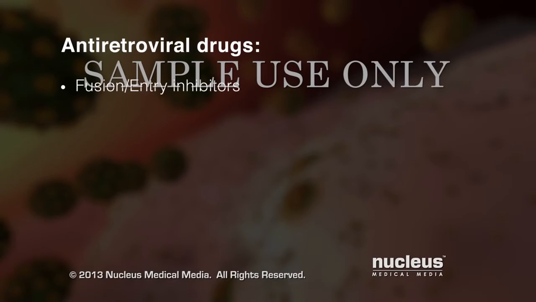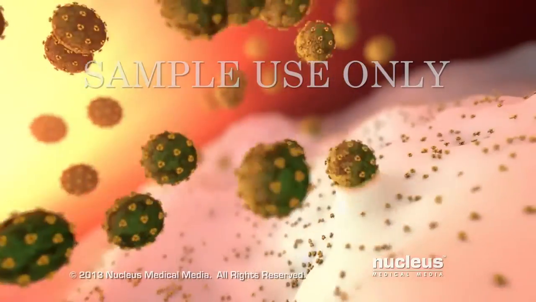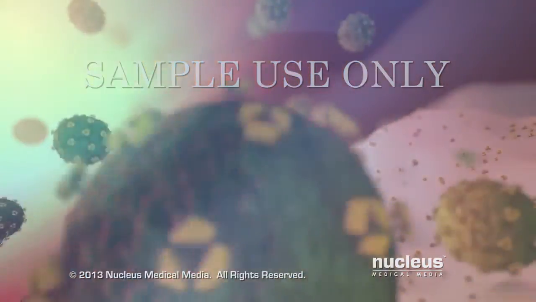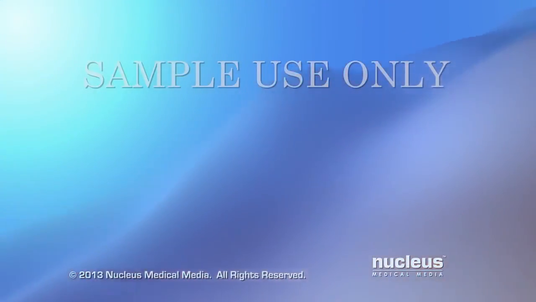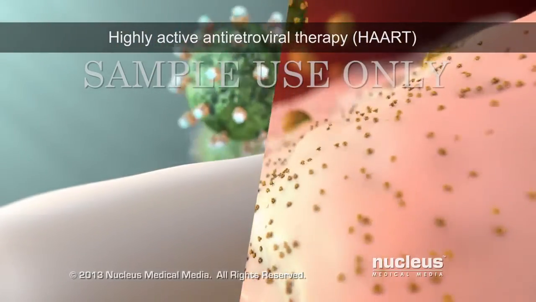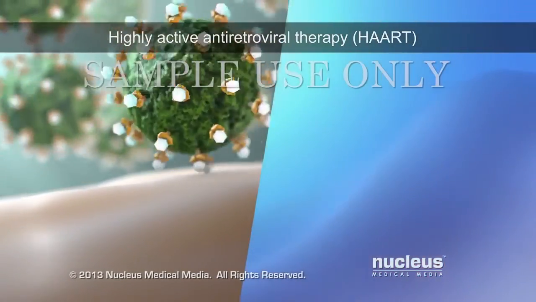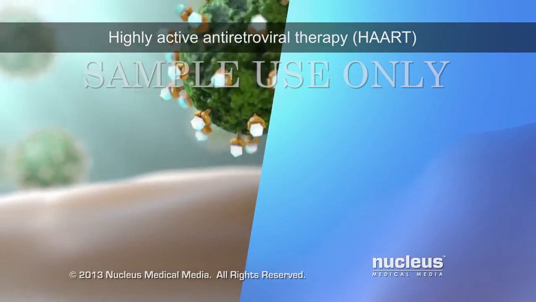Other classes of antiretroviral medications include reverse transcriptase inhibitors, protease inhibitors, and integrase inhibitors. These drugs prevent the creation, assembly, and spread of new viruses. Your doctor may prescribe a combination of these drug classes known as highly active antiretroviral therapy, or HAART.